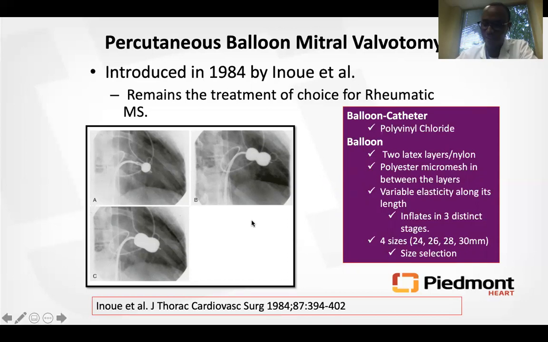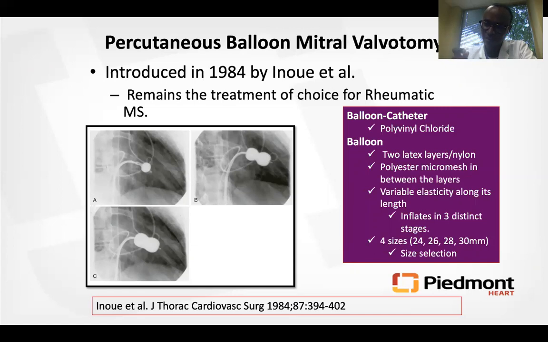The balloon catheter is made of polyvinyl chloride. The balloon itself is a very slick balloon. It has 2 latex layers with nylon and polyester micromesh in between the 2 layers. And the balloon is very interesting, with a variable elasticity, so that when you inflate the balloon at the mitral position, the distal tip inflates first, and you can pull it back a little bit and it will anchor on the mitral valve.